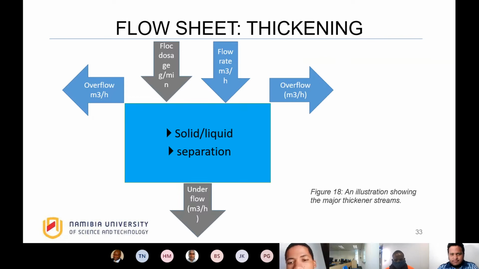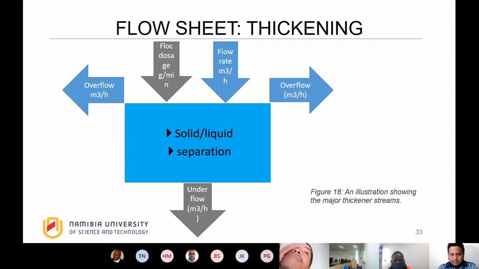All right. This is just a generic illustration of what we are feeding to our thickener. The blue part is our thickener. As you can see, we have two incoming streams. One shows our flow rate of what we are feeding into the thickener. This is through the central feed well, where we are discharging our slurry and where the settling is supposed to happen.